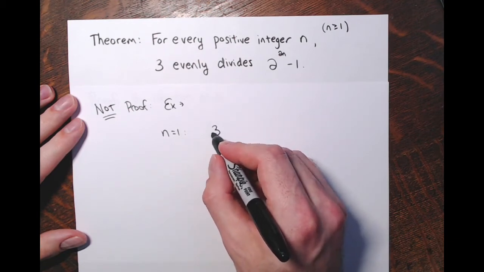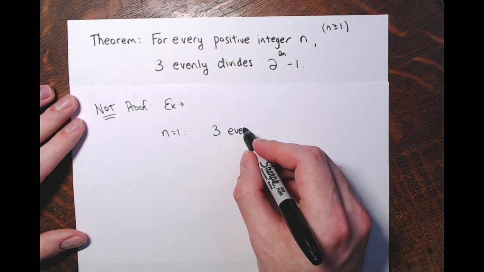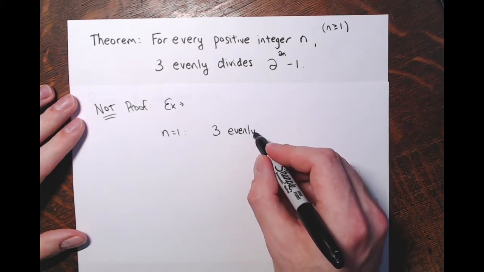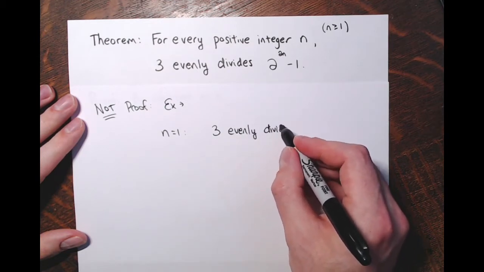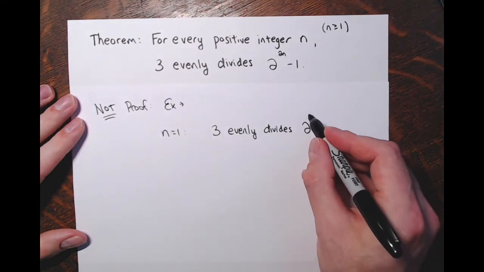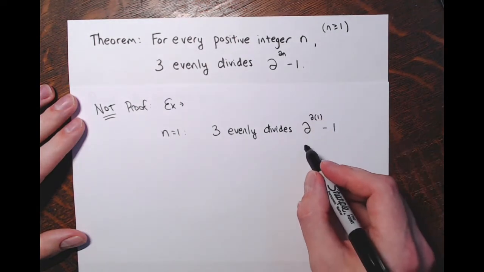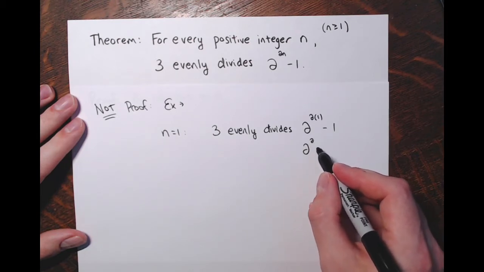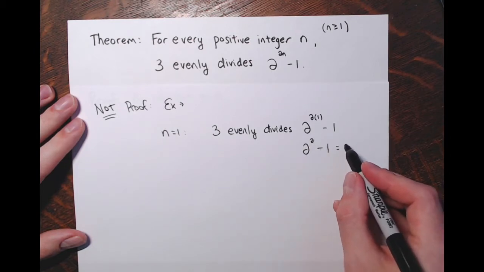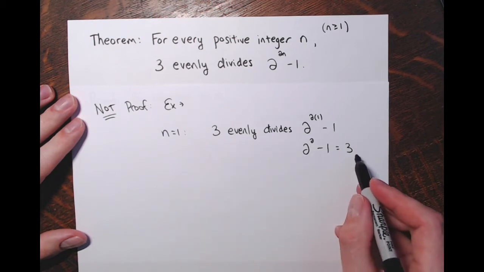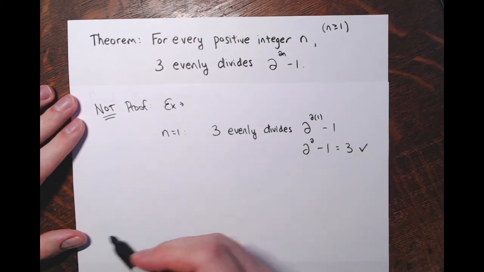Is this a true statement? Does 3 evenly divide 2 to the 2 times 1 power minus 1? Well, that's 2 squared minus 1. That's 4 minus 1. That's 3. Yes, 3 does go into 3 evenly.